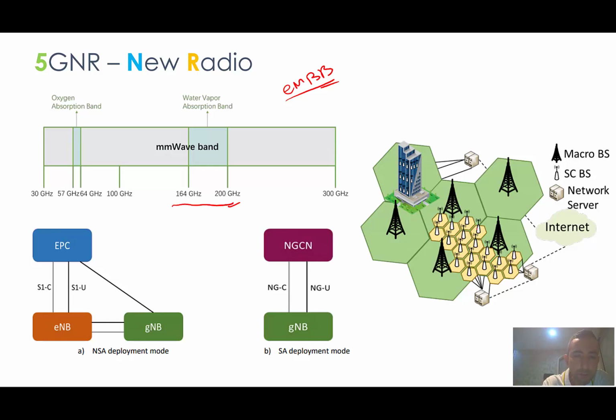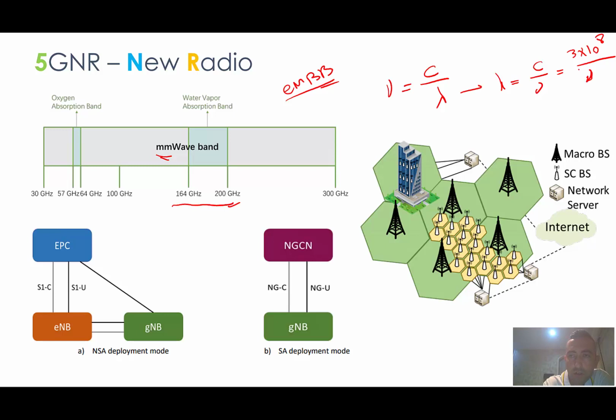And if you ask why the name is millimeter, you can remember that nu is C on lambda. So lambda can be C on nu, and as we know C is 3×10^8.